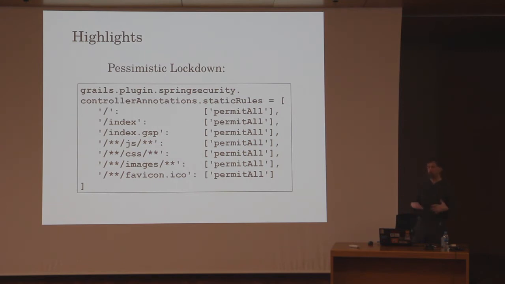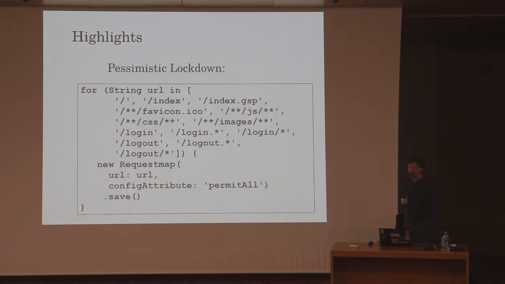If you need that dynamicness, then you can store the rules in the database and then use an admin tool to change those rules. And then the third way is just basically a big map. So this is what you get by default in config.groovy. And in the documentation, I describe a suggested approach for creating the analogous rules with request maps. You can just use those same patterns and then loop through them and do this in bootstrap.groovy.